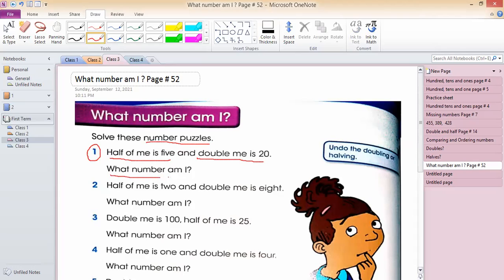What number am I? If you do half of that number, you will get 5. If you find the double of that number, you will get the answer 20. You have to find the number.